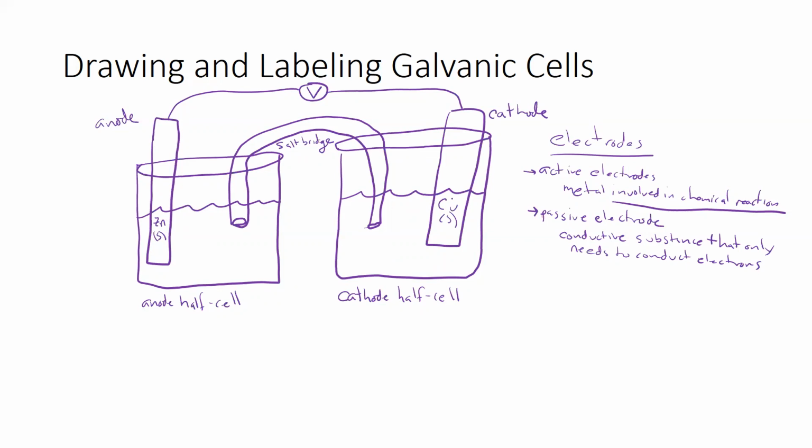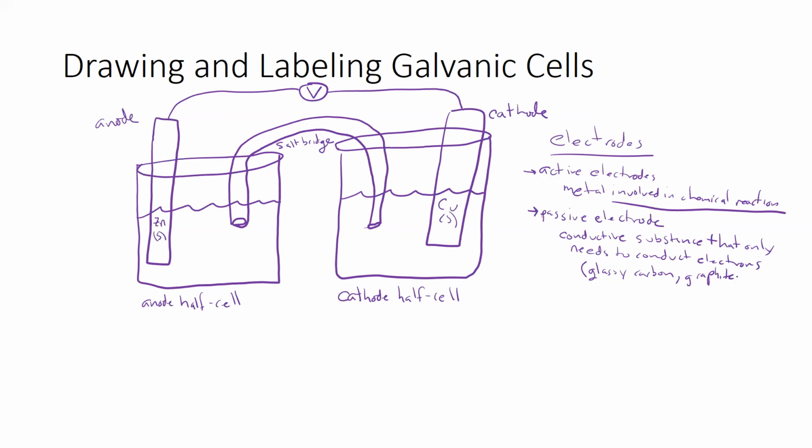Whereas the copper electrode doesn't actually have to be made of copper. It just has to be some substance that will allow the electrons to come to it and deliver those electrons to the copper 2+ that's dissolved in the solution. So there are versions of passive electrodes out there, like a glassy carbon electrode, or a graphite electrode.